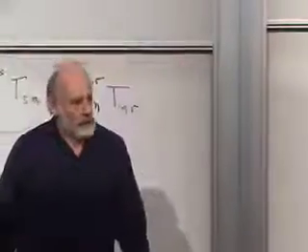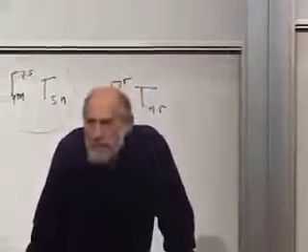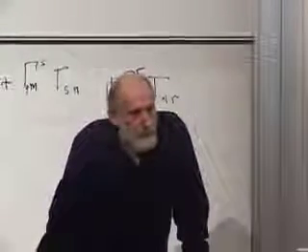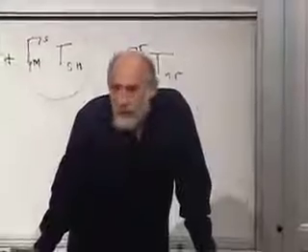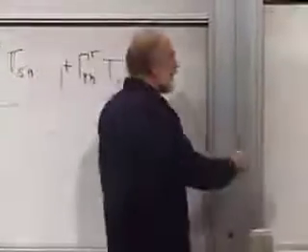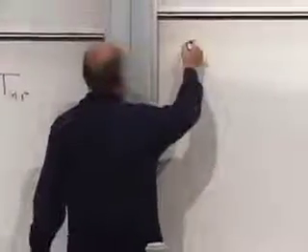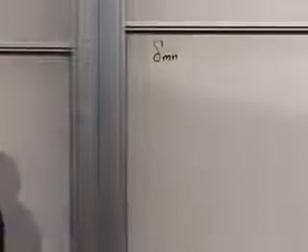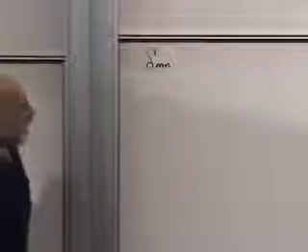What about the covariant derivative of the metric tensor itself? Let's go to Cartesian coordinates first. In Cartesian coordinates, what is the metric tensor? It's just delta mn. It really is constant from place to place.